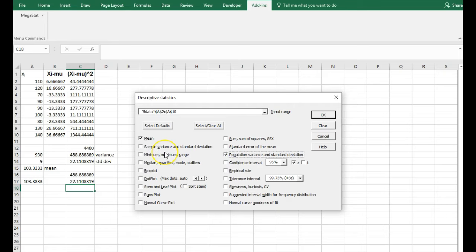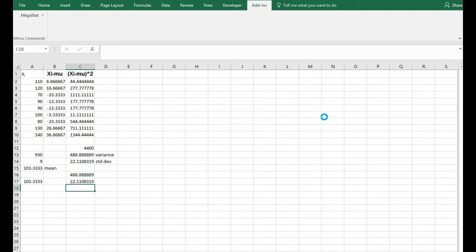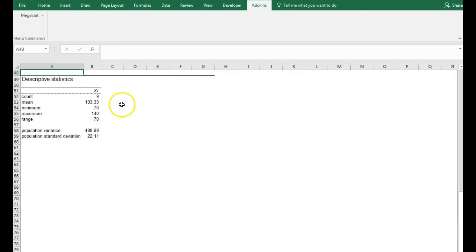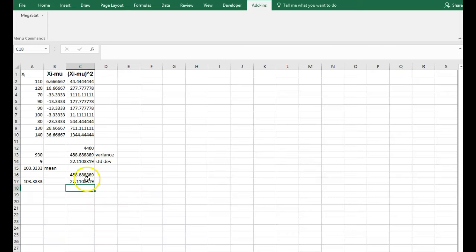And then I guess we want range too, to check all of our work. Okay, so we run the output. Mean was 103.333 repeating. That was right. 488.89 and 22.11. So we're dead on. So we got it right.